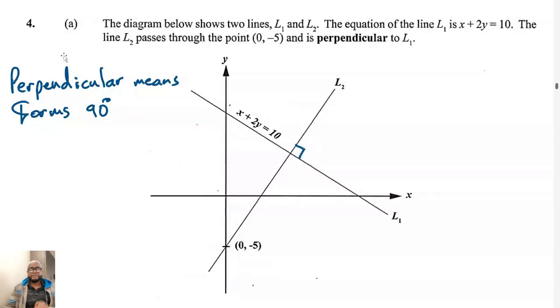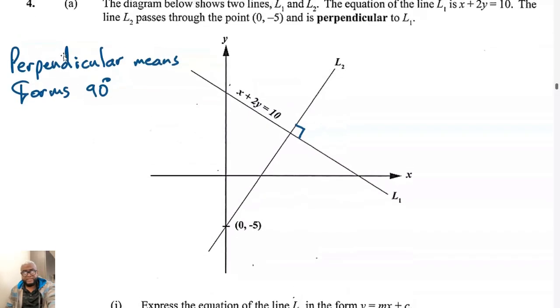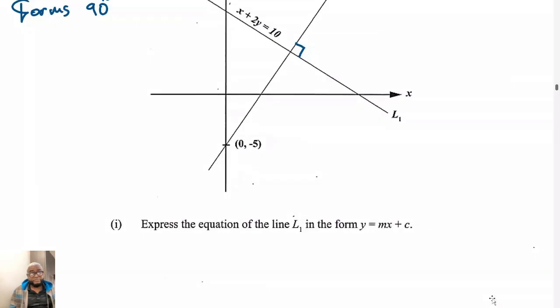Right? So let me see what the first part of the question asks. They said express the equation of L1 in the form y is equal to mx plus c. For those who can't remember these things, which I'm sure is plenty people, if y is equal to mx plus c, anybody know what m is? Right, m is the gradient.